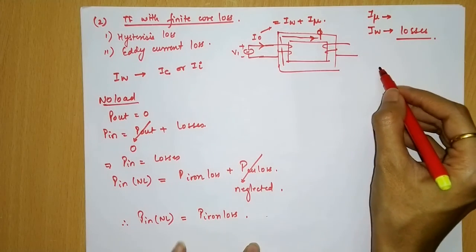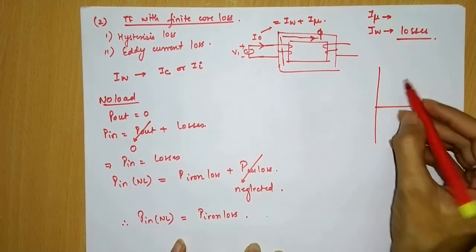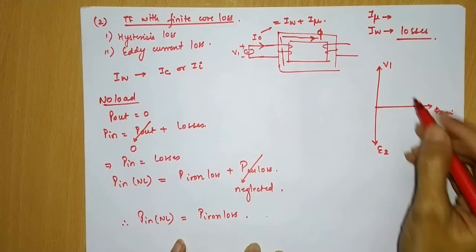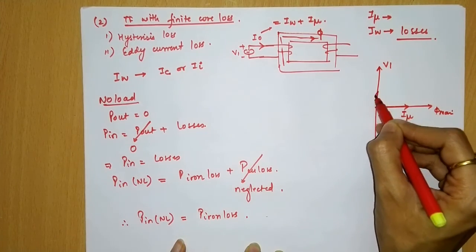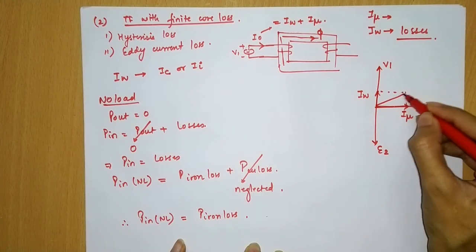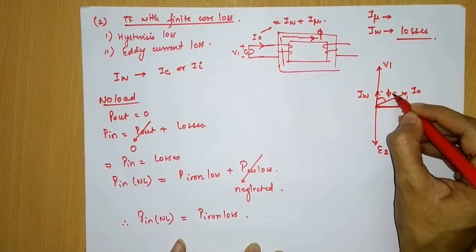From phasor, this is the main flux, this is the supply voltage, induced EMF E2, this is the magnetizing component, this is the active component, together this is the no load current. Say this is phi naught.